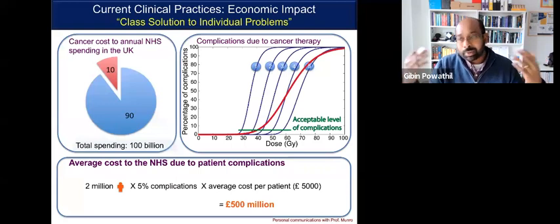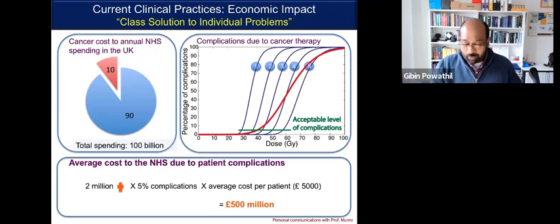For example, somebody comes with ovarian cancer or a particular type of cancer. Even with individual variations, they are often given a similar combination of treatments, and most of the time similar drugs and dosage.